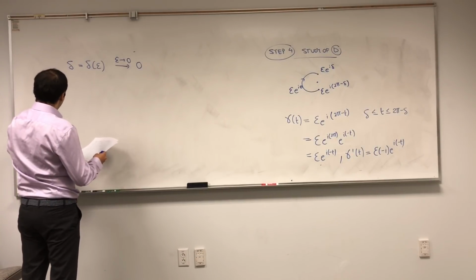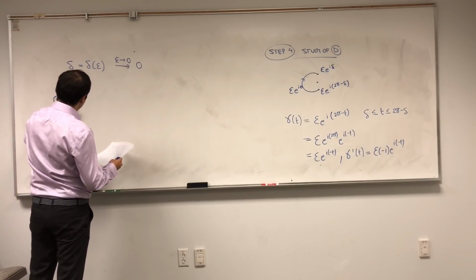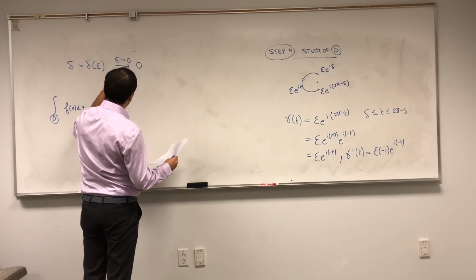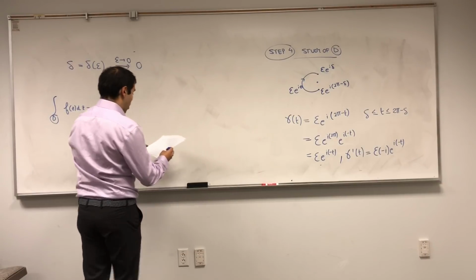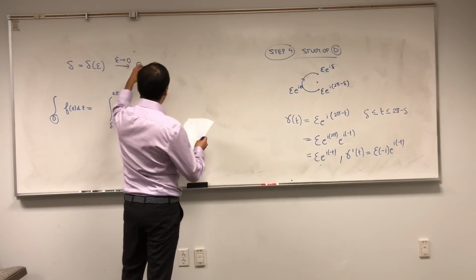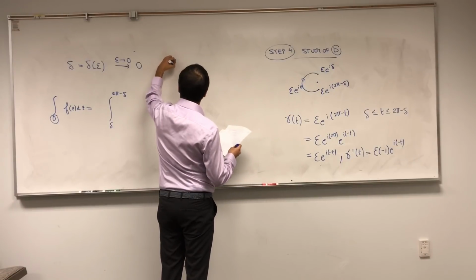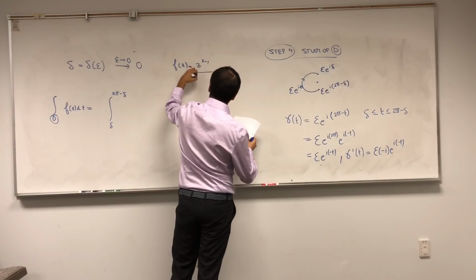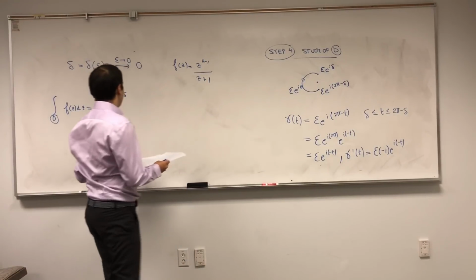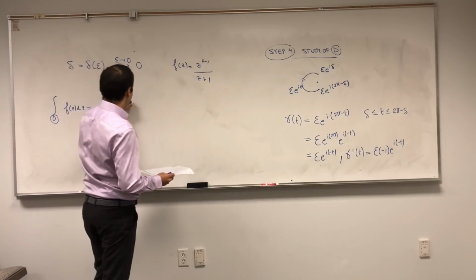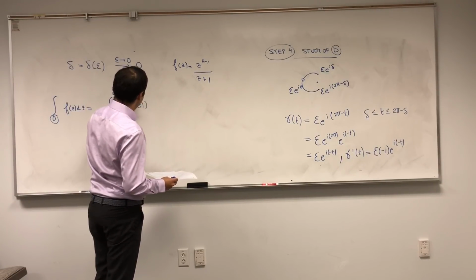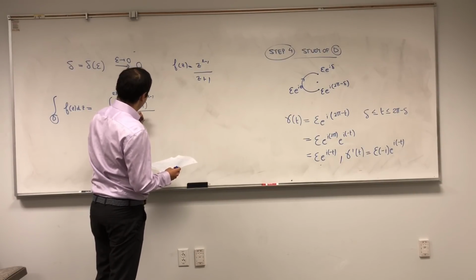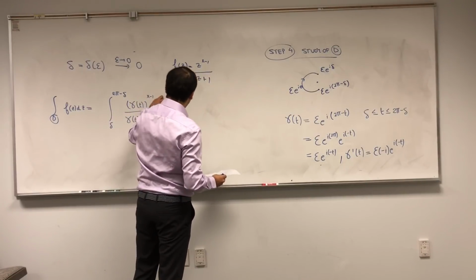So the integral over d of f of z dz becomes the integral from delta to 2 pi minus delta of, again, what is f of z? f of z is z to the x minus 1 over z plus 1. And therefore we have gamma of t to the x minus 1 over gamma of t plus 1 times gamma prime of t dt.